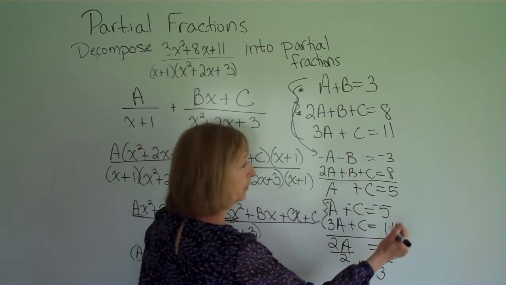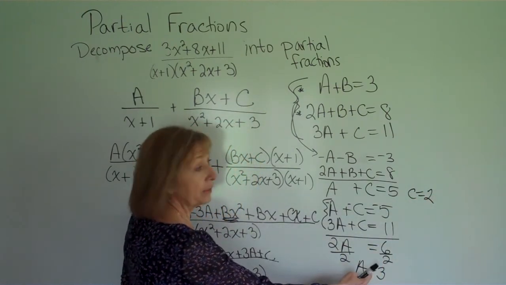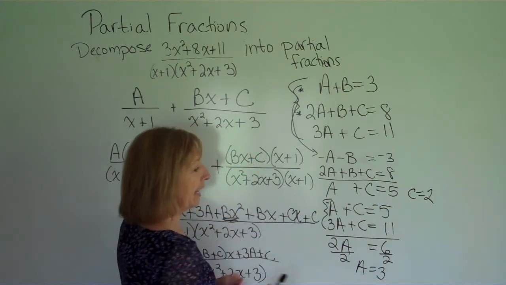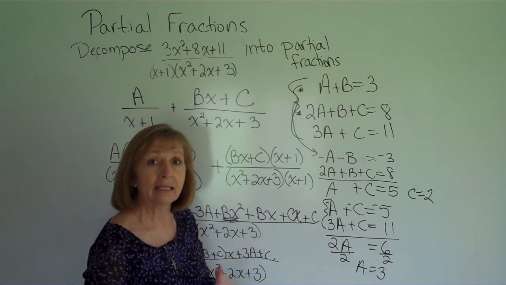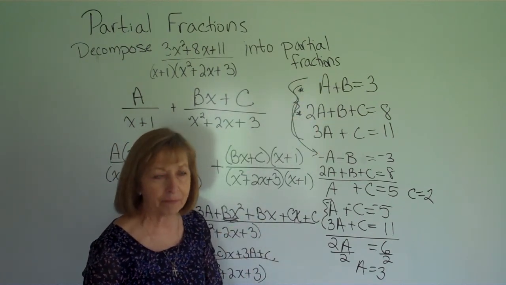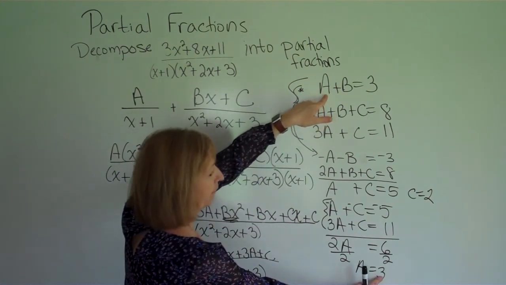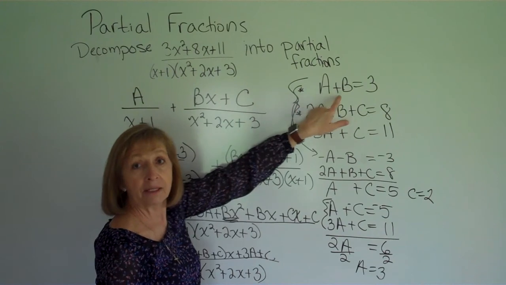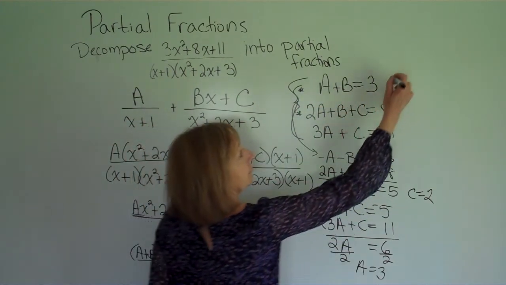C would be 2. And then when a is 3 and c is 2, I can put that in any of the three original equations that have b. So in my top one it would be easy to put in the 3 for my a. Then 3 plus b equals 3, so b is equal to 0.